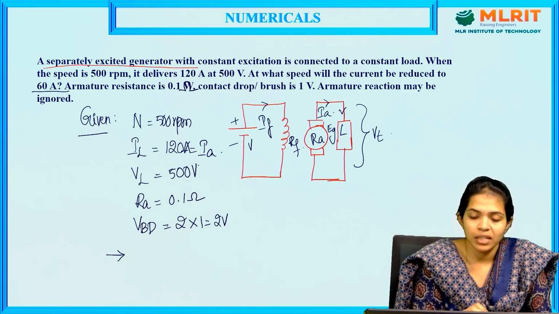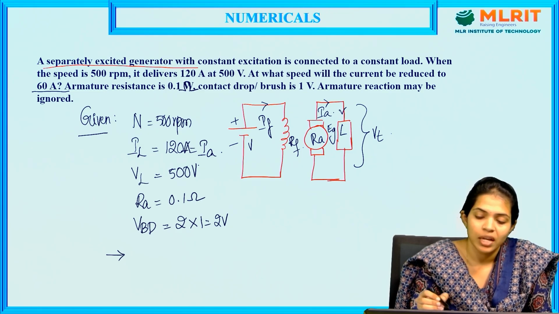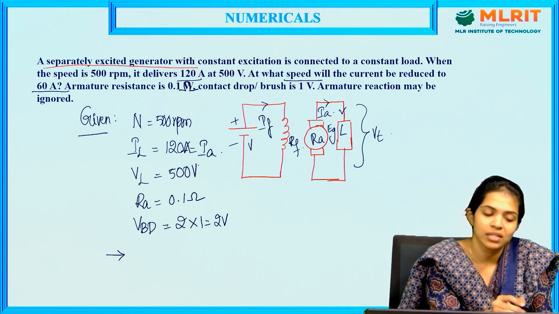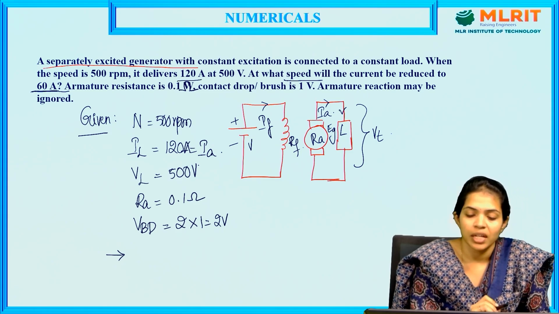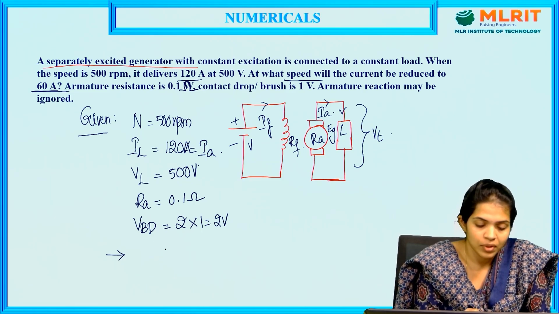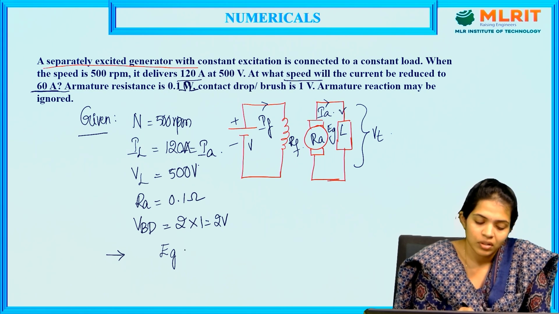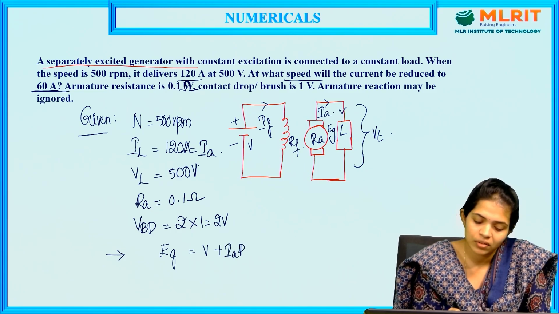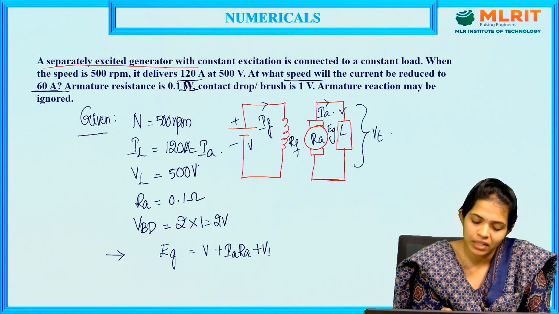So now writing the equation, he is asking us to find out the speed at which the current will be reduced to 60 amperes. Now it is 120. So for that, we need to find out EG. EG for the first case is nothing but V plus IA RA plus VBD.